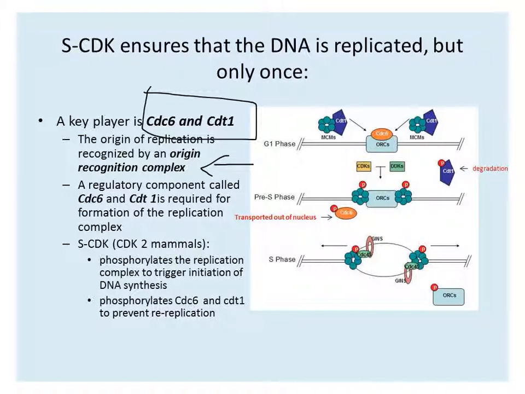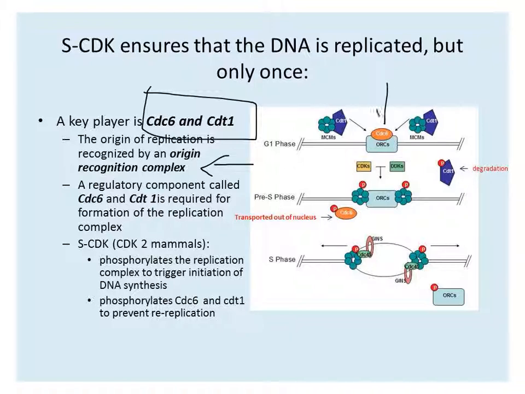Now, keep in mind, we talked a little bit about the fact that we have these specific origins where DNA replication is initiated, and there are special proteins that allow for recognition of these sites so that the machinery is actively recruited to them.